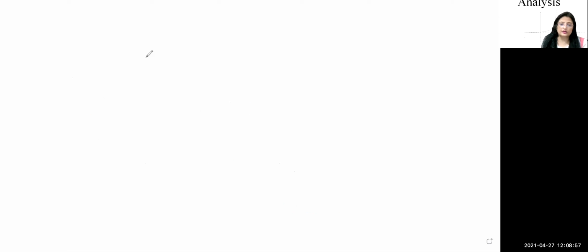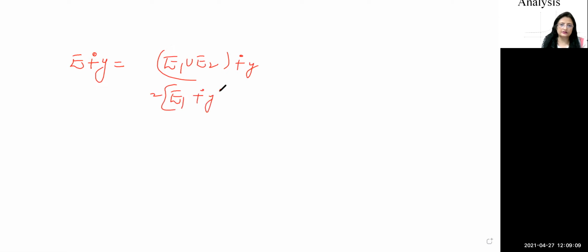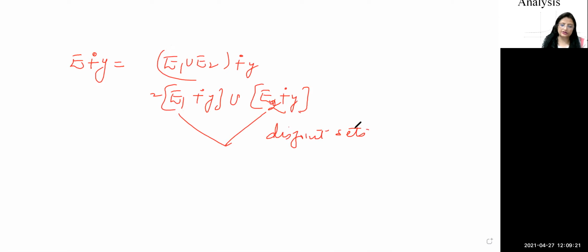Now e, actually we are talking about e plus y, so e, it is a combination of e1 union e2 plus y, so this is e1 this union this, right? And these are disjoint sets. Here is it, disjoint measurable sets. Therefore, अगर ये डिस्जॉइंट मेजरेबल सेट्स की यूनियन है, तो e प्लस वाई भी ये ट्रांसलेट मॉडुलो भी क्या हो जाएगा, मेजरेबल. डिस्जॉइंट मेजरेबल सेट, it implies e plus y is a measurable set.